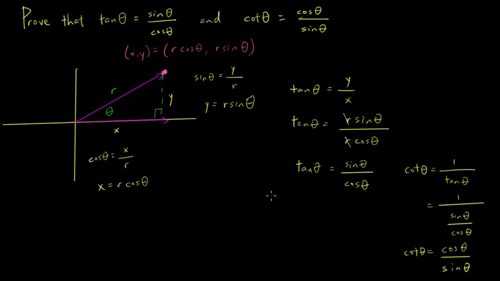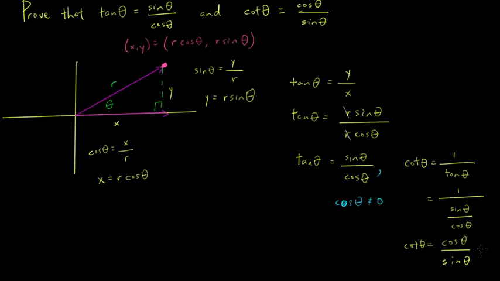In the last video, we showed that tan theta equals sine theta over cos theta and cotangent theta equals cosine theta over sine theta. We also need to note that we have a restriction here: cosine theta cannot be 0, and additionally sine theta also cannot be equal to 0.